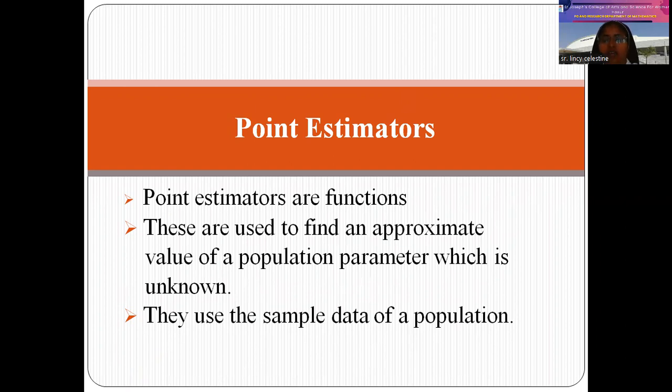Using the point estimator, we can find the unknown value of the statistical values. For example, if we want to find the average age of the kindergarten students, we don't know the particular age of the kindergarten students. For that, we use the statistical method of point estimators.